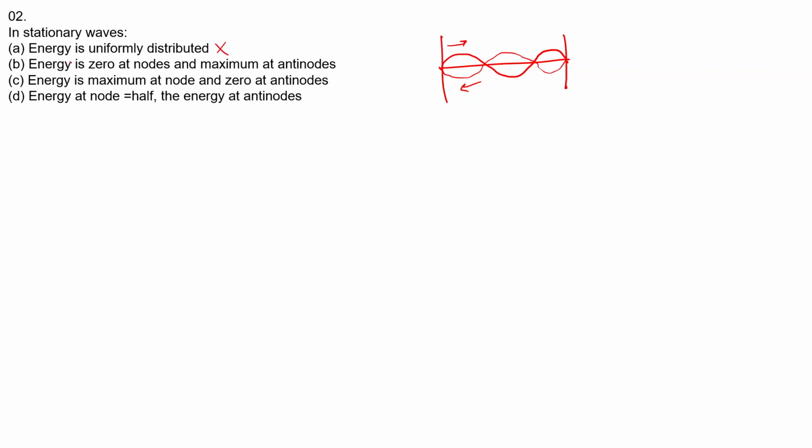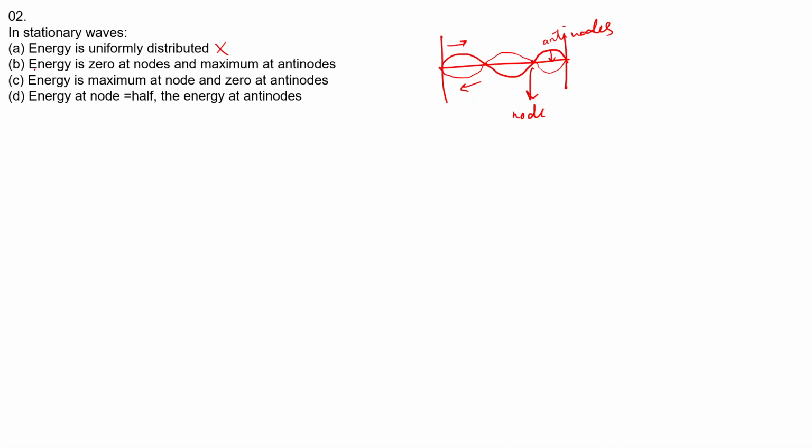The next is, energy is zero at nodes and maximum at antinodes. You know where the displacement of the particle is zero, this point is called a node, and where the displacement is maximum for the particle, this position is called an antinode, as we discussed some time ago.